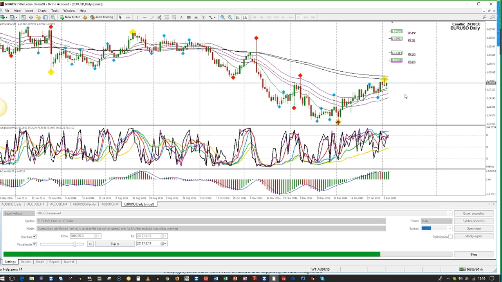Well, now what have we got? Once again, bungee divergence across the top. So this is going to come down, isn't it?